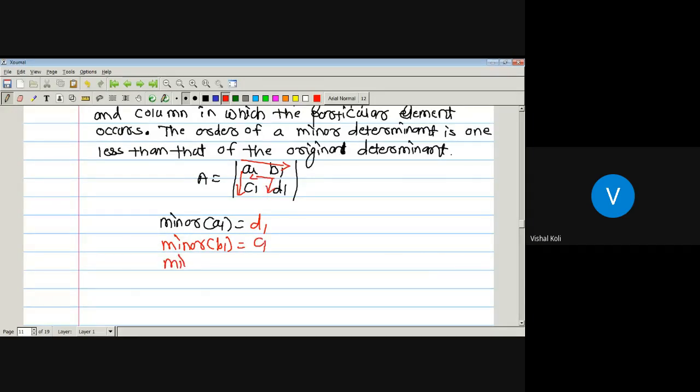The minor of C1 is B1, and the minor of D1 is A1. In this way we can find the minor of each and every element belonging to our given determinant. This is the case for order 2.